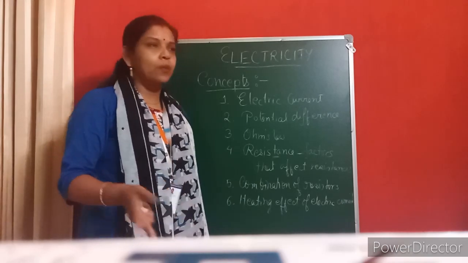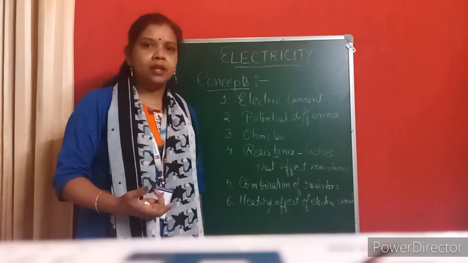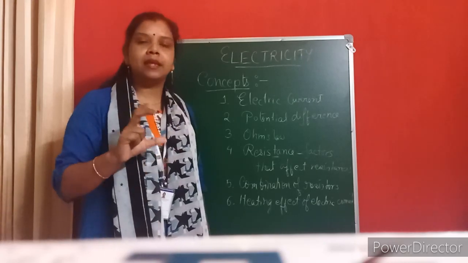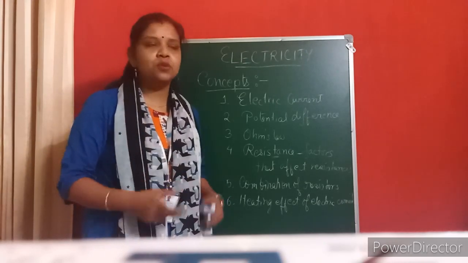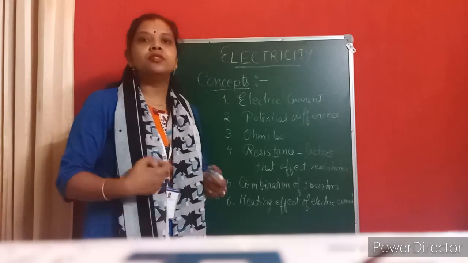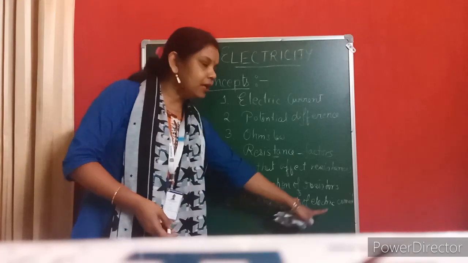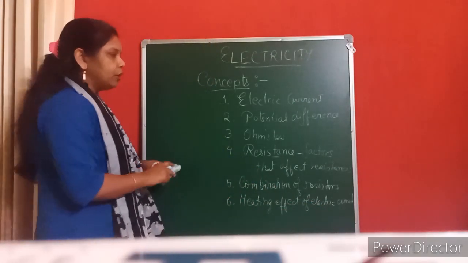Why? What is the reason behind it? Similarly, if we switch on the bulb, the filament glows as well as gets heated up. That is the heating effect. Whenever current passes, heat is produced. We will study that in this particular topic.